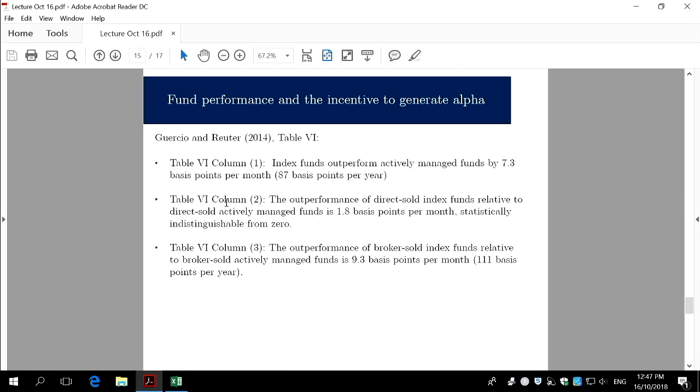So what's the column 2? The column 2 is the outperformance of direct sold index fund. Remember, one segment is called direct sold. Direct sold index fund relative to direct sold active fund is only 1.8 basis points per month, and it's statistically indistinguishable from zero.